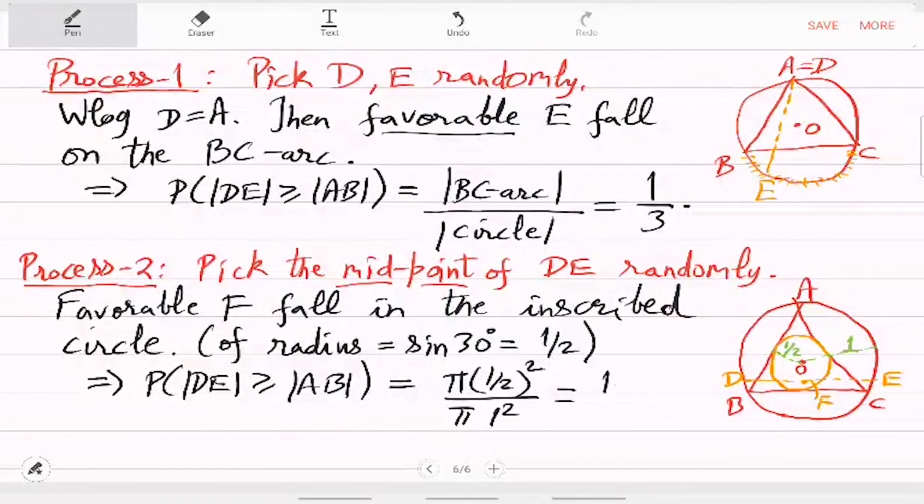So, which gives you 1 by 4. Right. So, now you are getting a different probability, right. This now comes out to be smaller than before. Although each of these processes seem valid, they seem a good way to pick a random chord, but then the way you are picking it, you are getting different probabilities. And even this is not the end, we could do it in a third way.